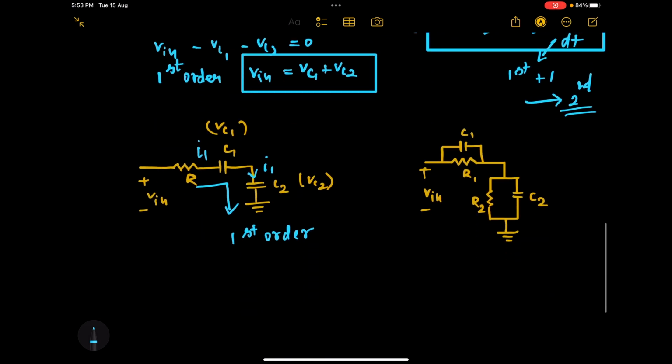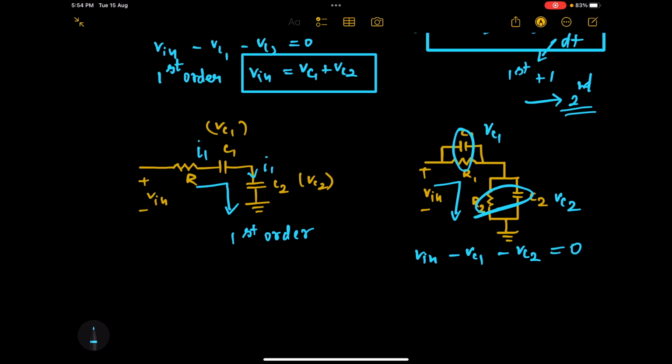This is the last example here. We'll assume the voltage across the C1 capacitance as VC1 and the C2 capacitance as VC2. We'll write the KVL across this circuit. The KVL is Vin minus VC1 minus VC2 equal to 0, as the capacitances and the resistances are in parallel, so the voltages across them are the same, VC1 and VC2 respectively.